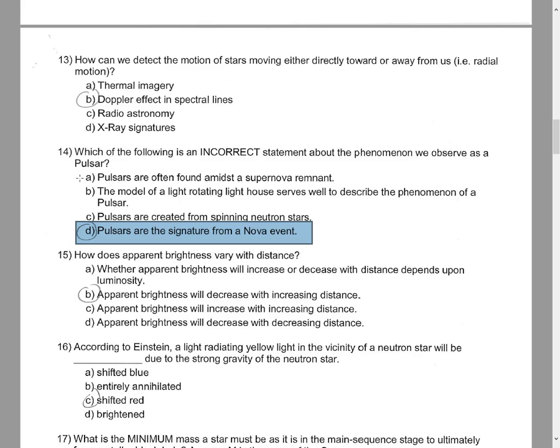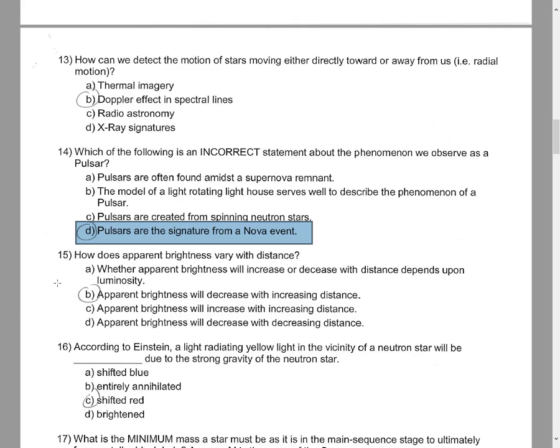It'll either be left with a neutron star or a stellar black hole. B, it's also true to say that with regard to pulsars, we can use the lighthouse model. And it's also true to say, C, that pulsars are created from spinning neutron stars.